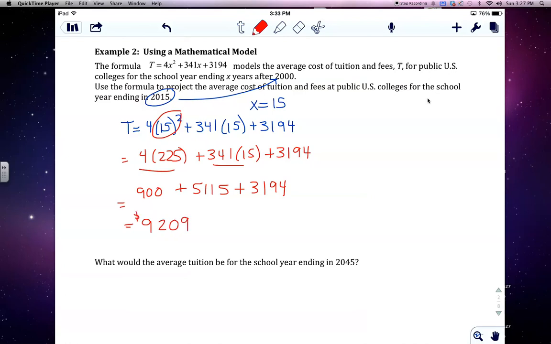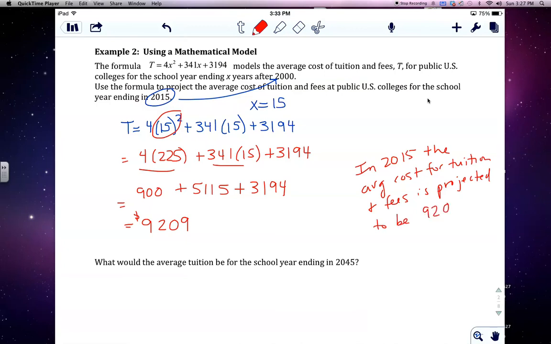So this really means that tuition and fees are projected to be $9,209 at public U.S. colleges. And again, this is not saying that U of L or UK is going to be this price, it's just on average. It could be a little bit more at U of L, it could be a little less, but around $9,209.